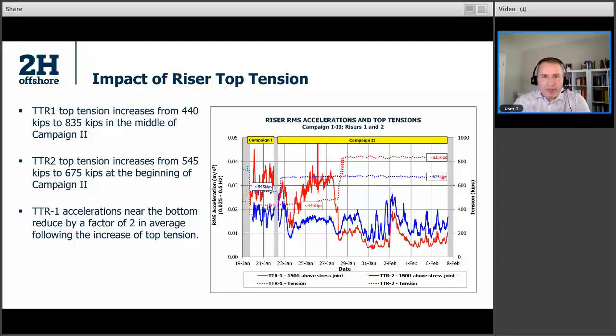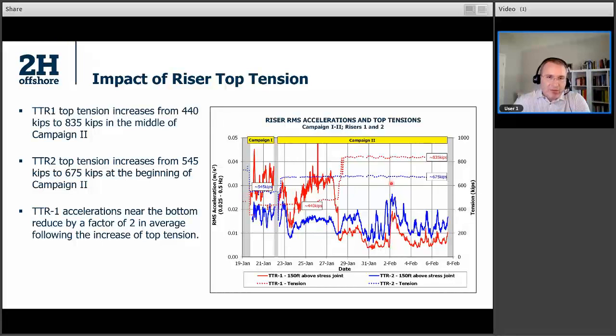When we look here, we see that the TTR1 top tension increased from 440 kips to 835 kips, somewhere in the middle of campaign 2. And the TTR2 top tension increased from 545 kips to 675 kips.